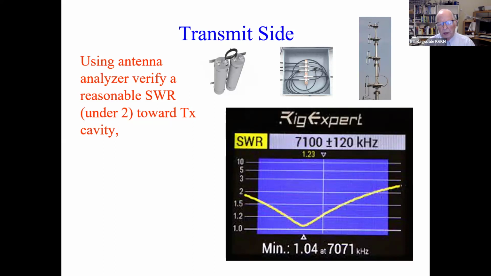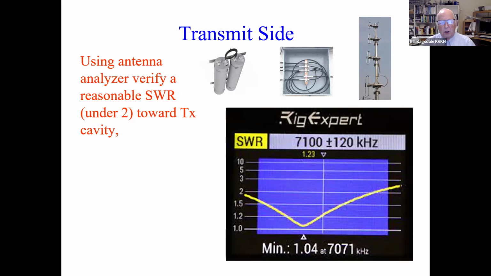At this point, you should see an SWR that's definitely under 2. On a good system, it would probably be about 1.2, 1.3, something in that range. And that means you are testing all three of those components together. If that value is satisfactory, you can go on to other tests.